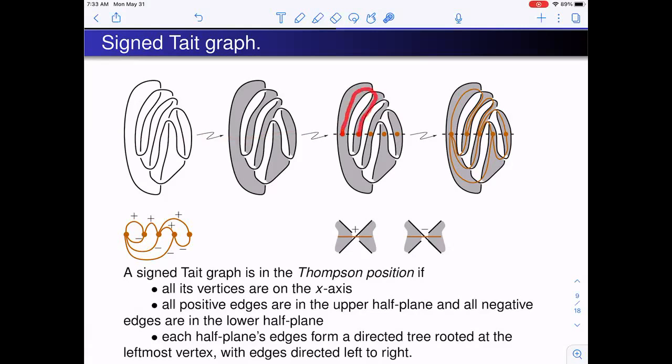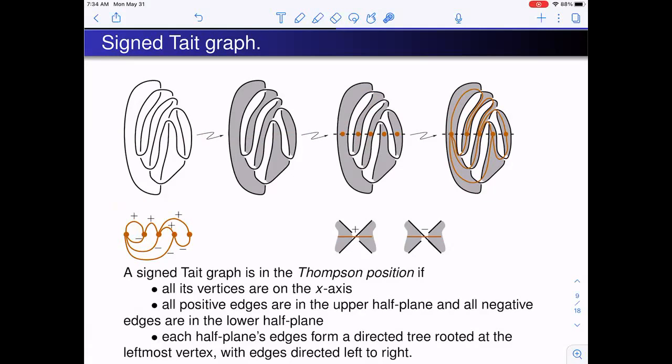If two regions share a crossing on the diagram, then I connect them by an edge, so I get the graph right here. That is the Tate graph, the graph of the checkerboard coloring. Again, the vertices correspond to the black regions, and there are edges here.